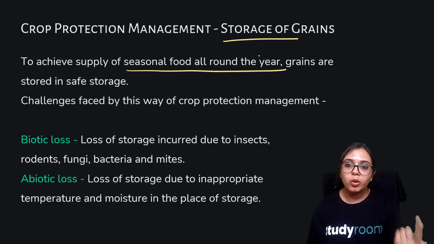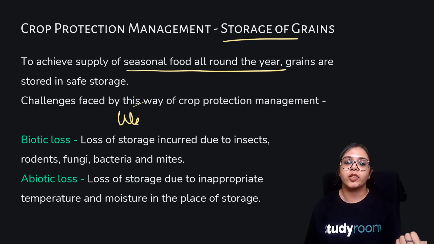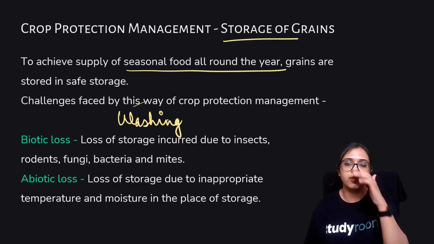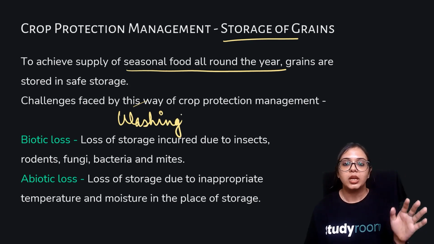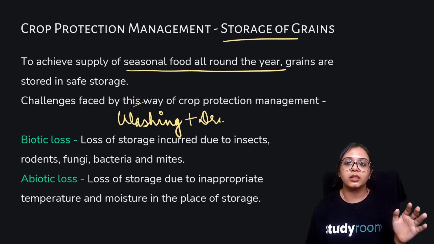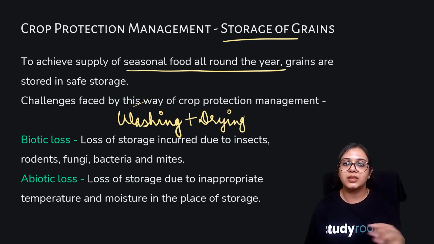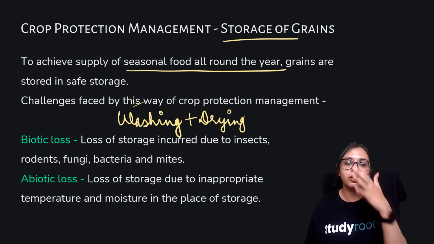All right, and in order to store the grains, it is also important that first of all you are washing it very properly, washing it so that the extra fertilizer or whatever other chemical products that you may have used are washed away. Then you are ensuring that they are drying very properly, in the sunlight, and then also in the shade.